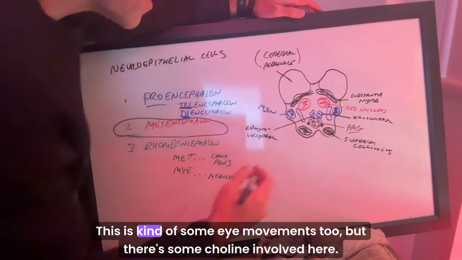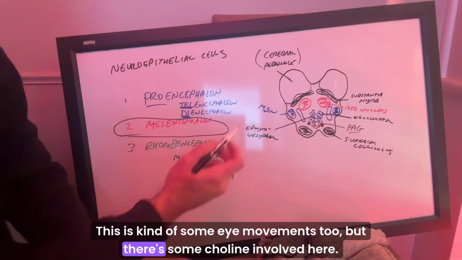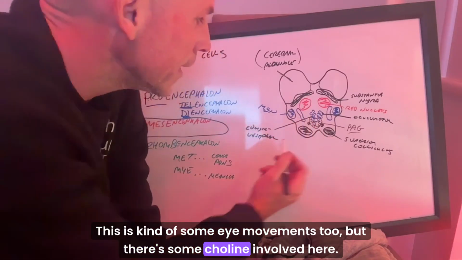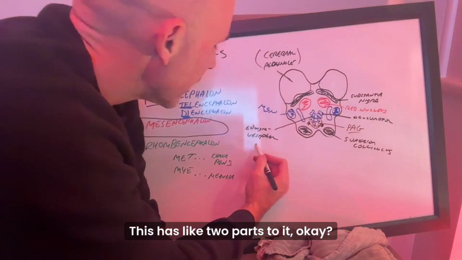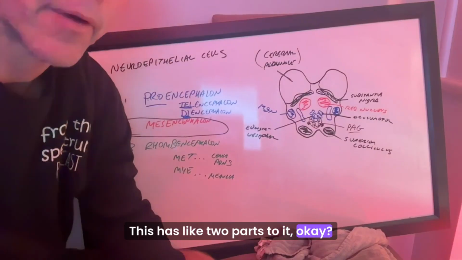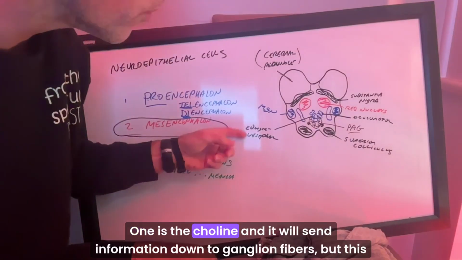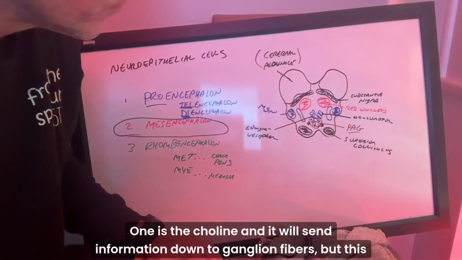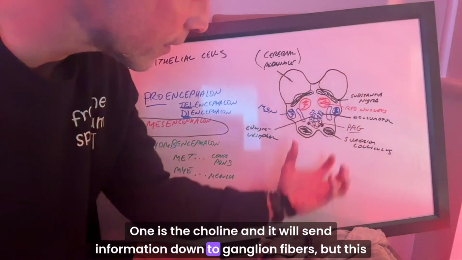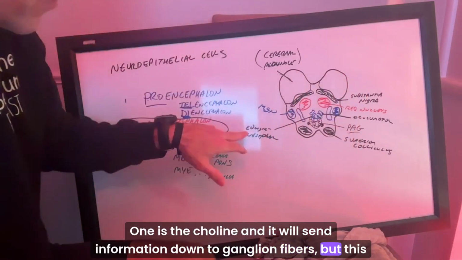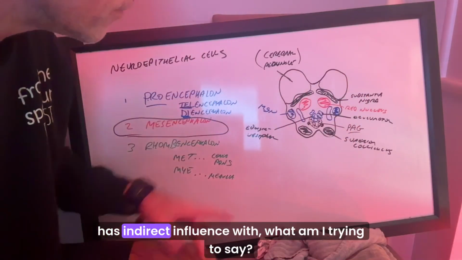This is also some eye movements, but there's some choline involved here. This has two parts to it. One is the choline, and it will send information down to ganglion fibers.